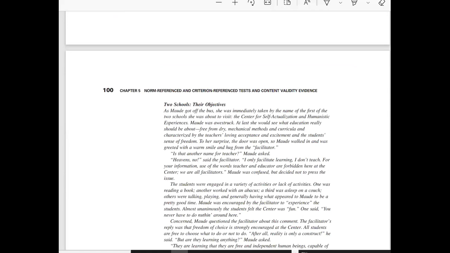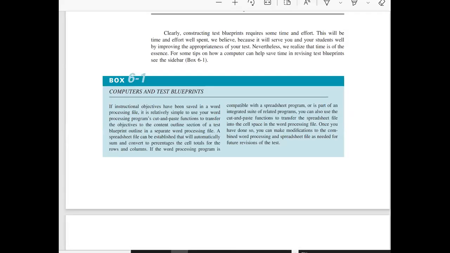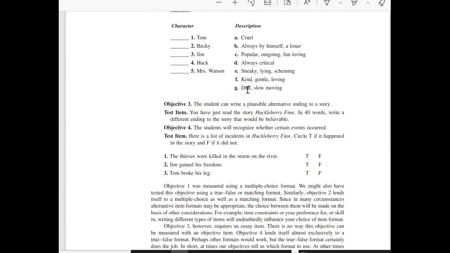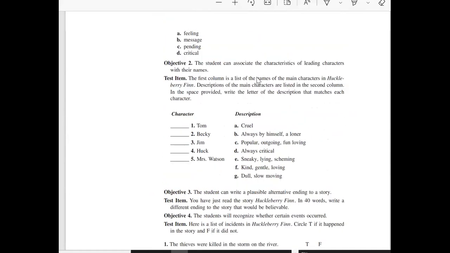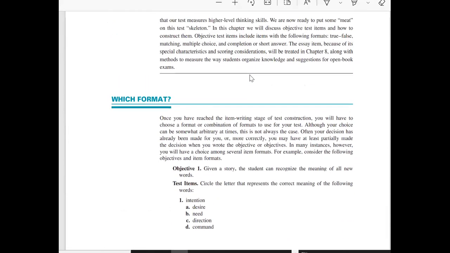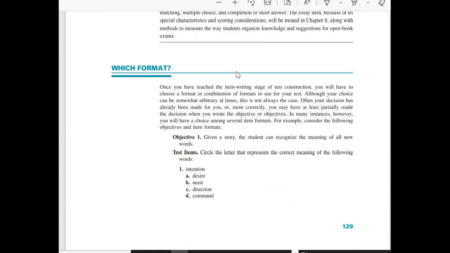So you can also go to Popham. But this one is the other one, the Kubiszyn. And you can see where they set out a lot of this, this chapter 7 here is on writing the objective test items. So I'm referring you to it to assist you.